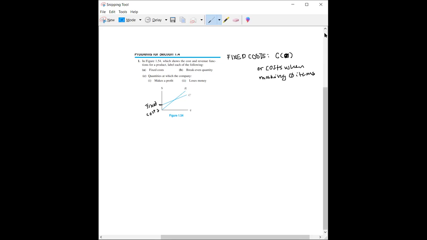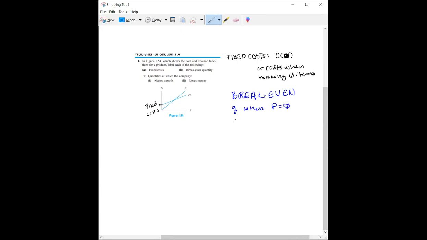Okay, what about break even? What does break even mean? It means that we need to produce some quantity of the goods to cover our fixed cost expenses and have a 0 profit and 0 loss. Exactly. I like how you put that, when we have 0 profit.